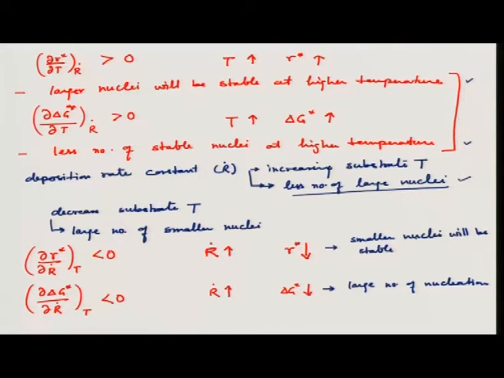Okay. So, if we combine these two factors, part 1 and part 2, we can have different forms of morphology. Now, we will discuss two extreme cases. Case 1, suppose I keep my temperature low and deposition rate high.